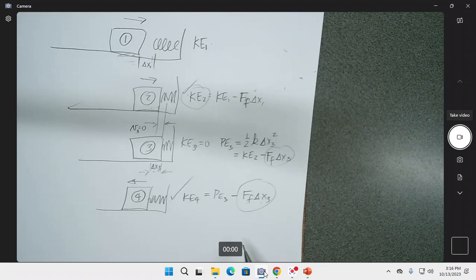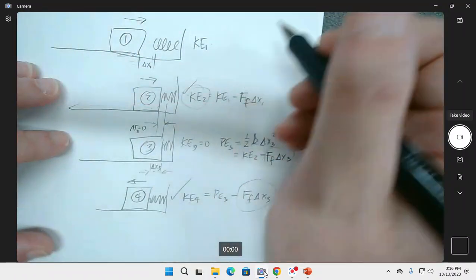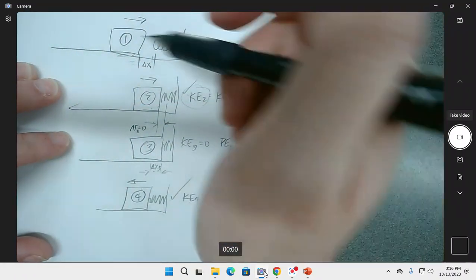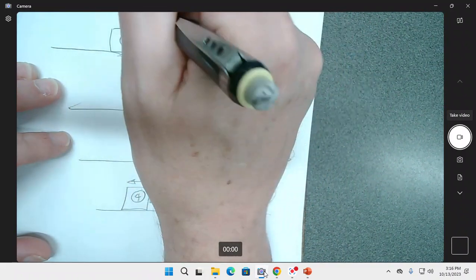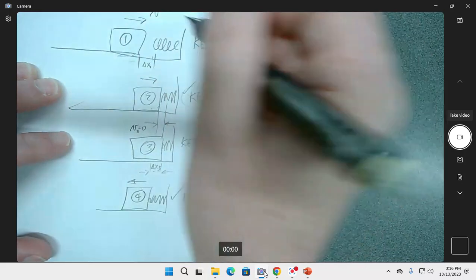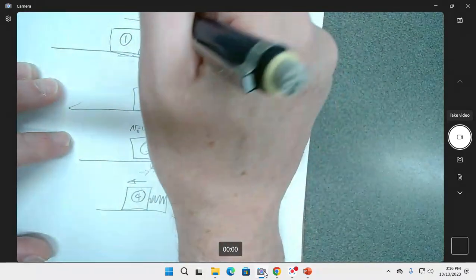Yeah, but I still don't. Can we apply some numbers to this to solve it out? I got to make it large enough so that it will return.